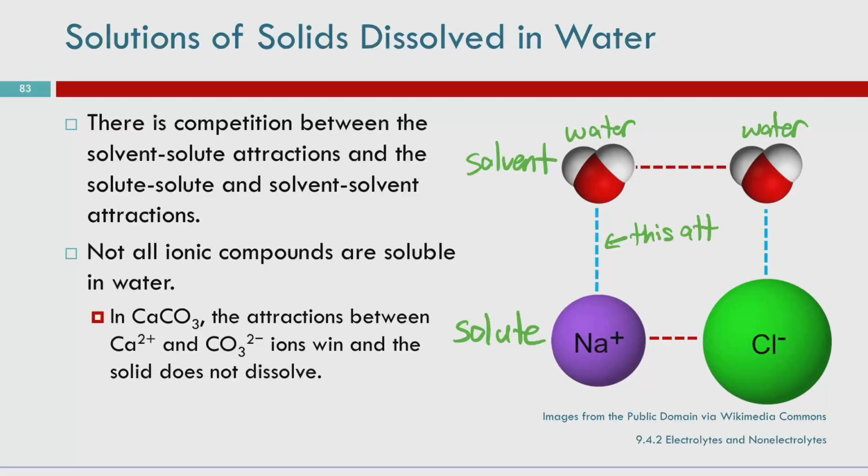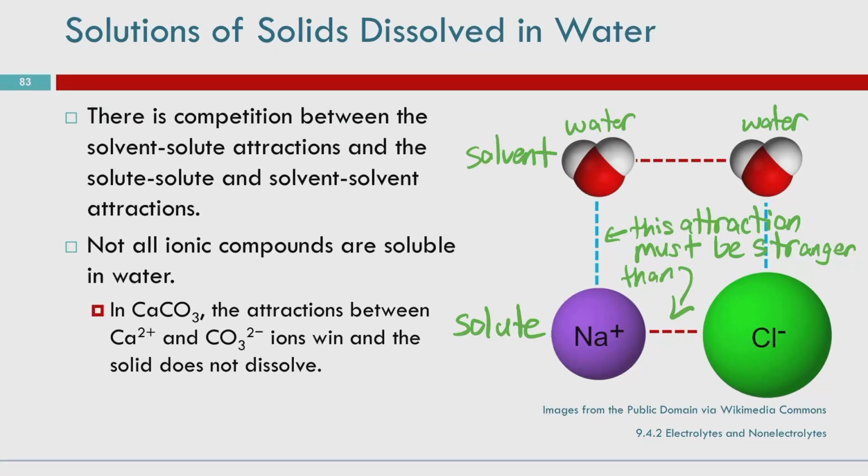So these attractions between the water and the ions must be stronger than the interaction between the sodium and the chloride. Otherwise, it's not going to be able to pull them apart. In the case of sodium chloride, that's true. So you can dissolve sodium chloride or table salt in water.